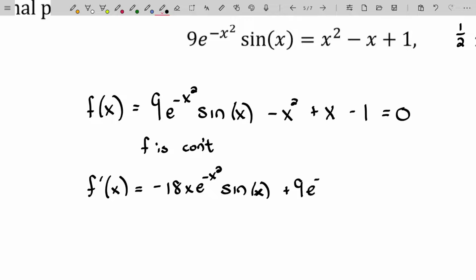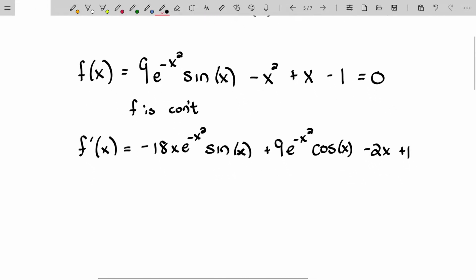Plus 9e to the negative x squared cosine of x. And then we'll take the derivative of these polynomial terms, plus 1. So notice that this derivative is still a polynomial mixed with some exponentials and some sines and cosines, all of which are continuous everywhere. So we know they're differentiable everywhere. So f prime is differentiable everywhere. So f prime exists, let's say, for all real numbers.